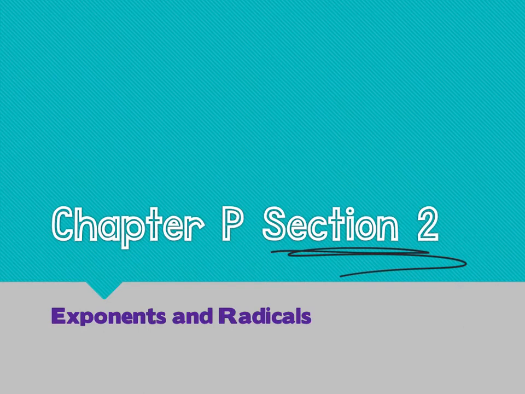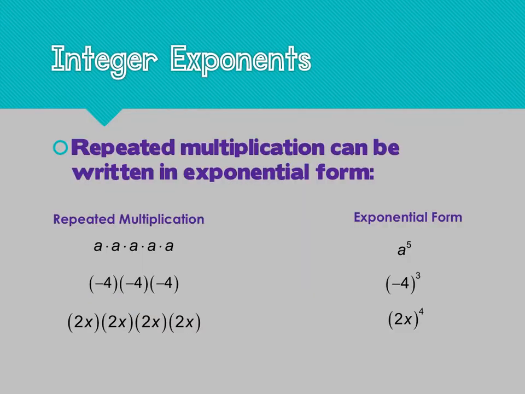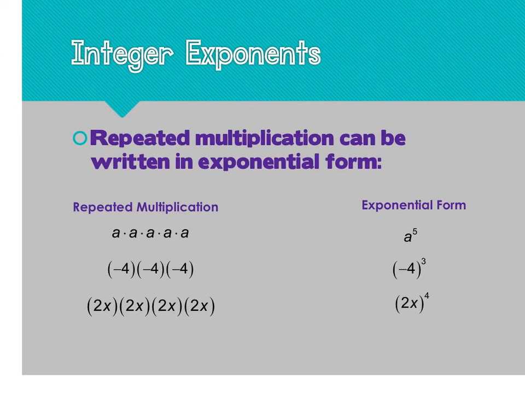So today we're going to cover exponents. When you have an integer exponent, you can think of it as repeated multiplication. If you have a bunch of numbers that you're multiplying by the same number, you can write it in exponential form.